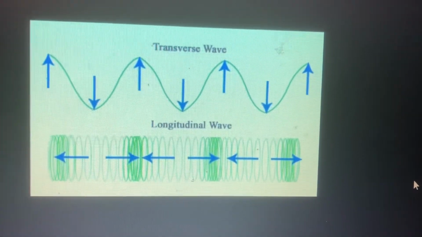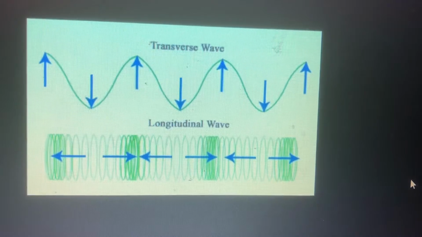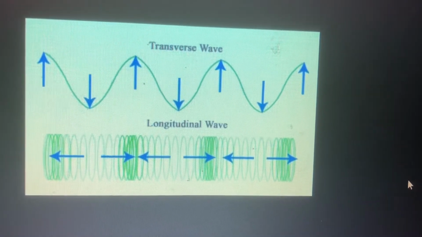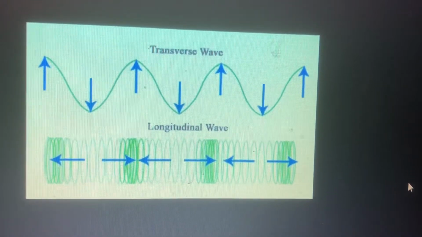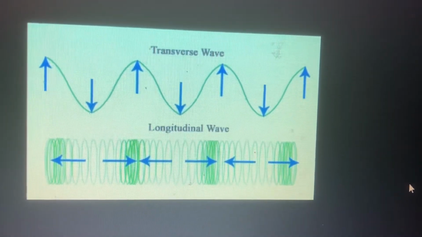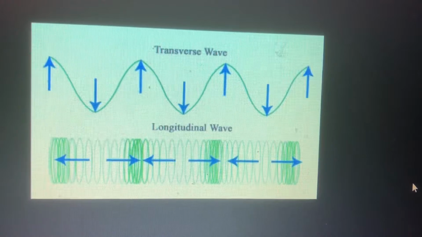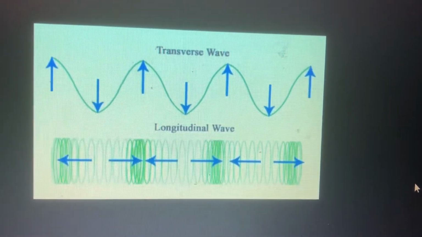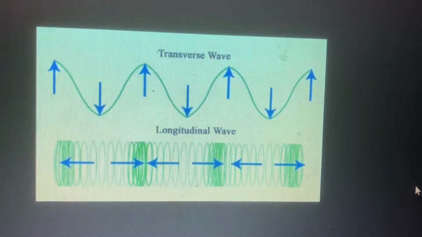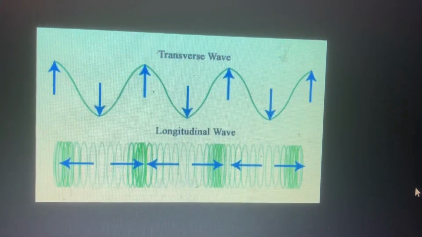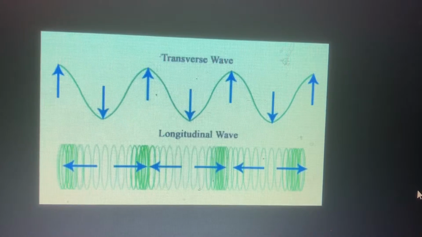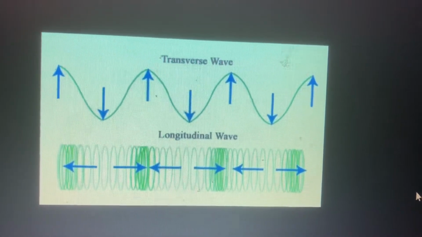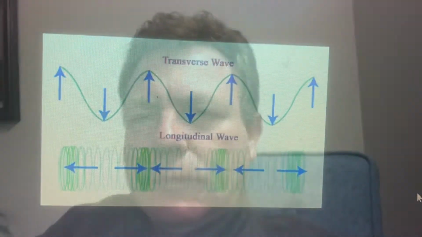So the top wave is transverse and the bottom one is longitudinal, okay? So you can pause the lesson right here as you look at those two types of waves, and I want you to write in your notebooks what is the difference between the two waves, okay? So pause and write the difference between the two types of waves, okay?